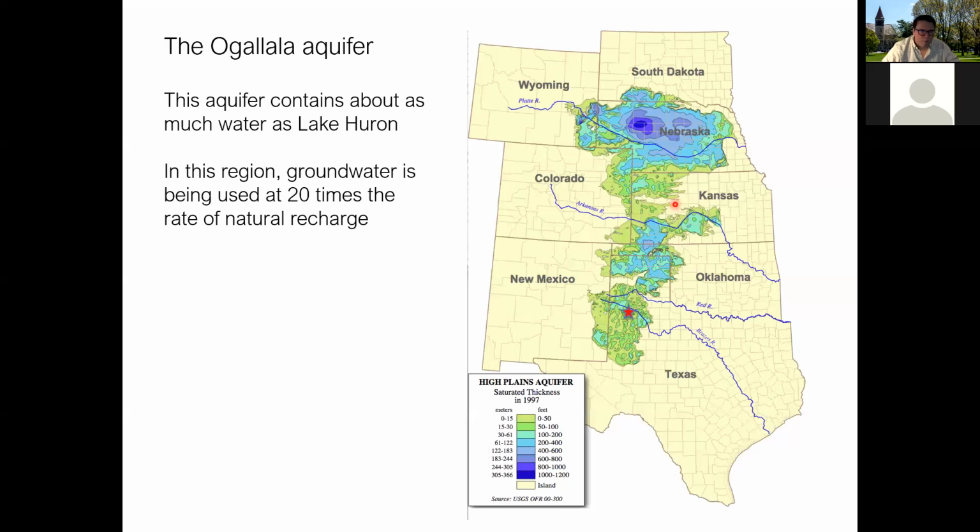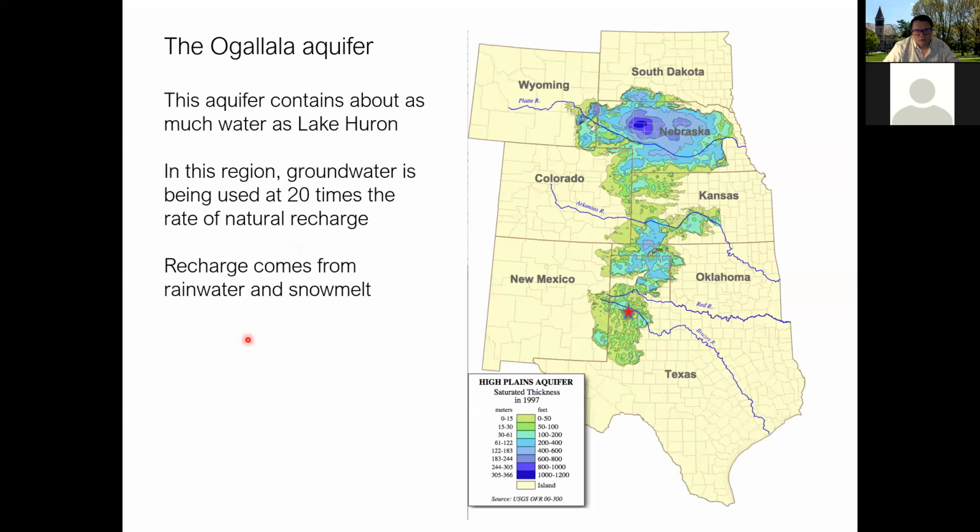But groundwater being the only real viable source of water for agriculture or any other use, withdrawals are at about 20 times the rate of recharge. Most of the recharge comes from occasional storms that move up into the high plains region from the Gulf Coast. So hurricanes and tropical storms can bring some moisture into the region.